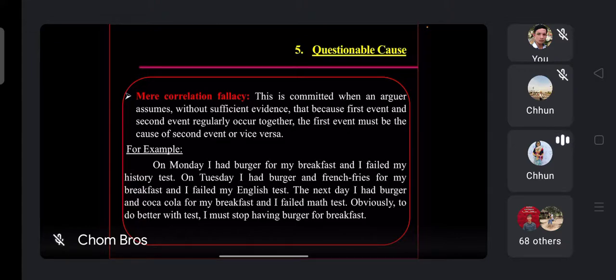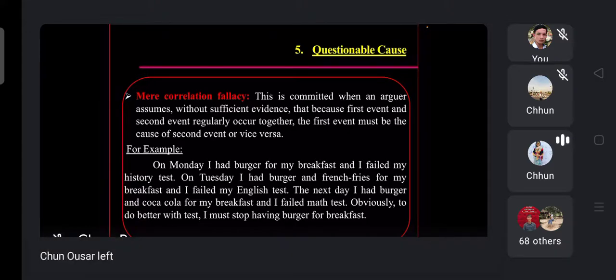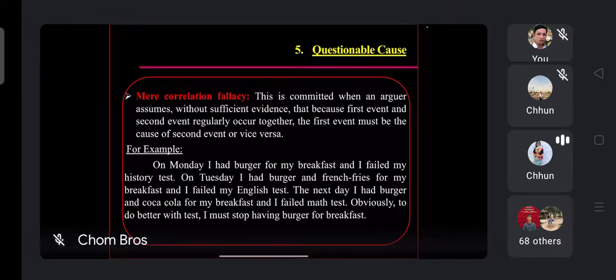For example, on Monday, I had a burger for my breakfast and I failed my history test. On Tuesday, I had a burger and French fries for my breakfast and I failed my English test. The next day, I had a burger and Coca-Cola for my breakfast and I failed my math test.